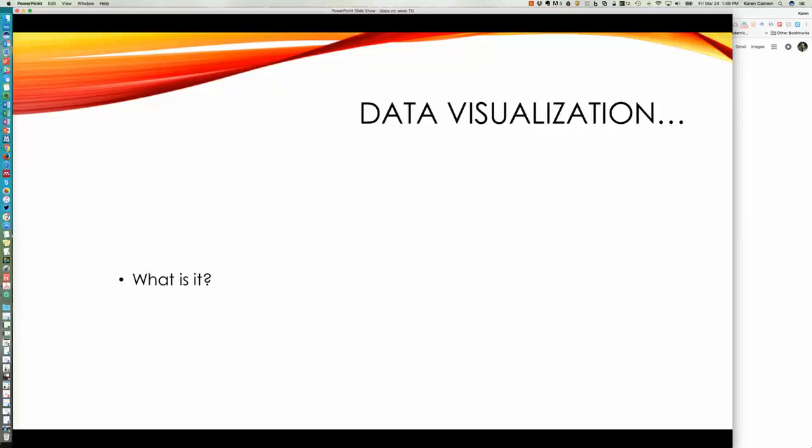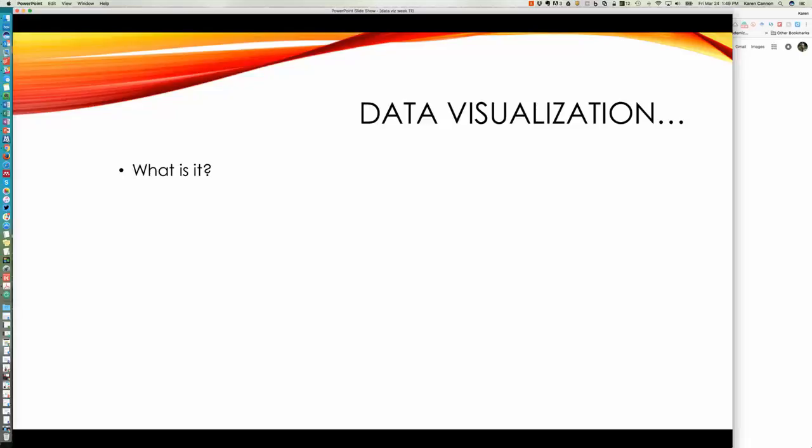So in terms of data visualization, what is it? Because it's not exactly what we talked about with respect to visuals. It goes beyond the idea of a visual. A visual is a photo, a graphic, something like that. But data visualization is even more important today, as you probably all have heard some discussion of big data.